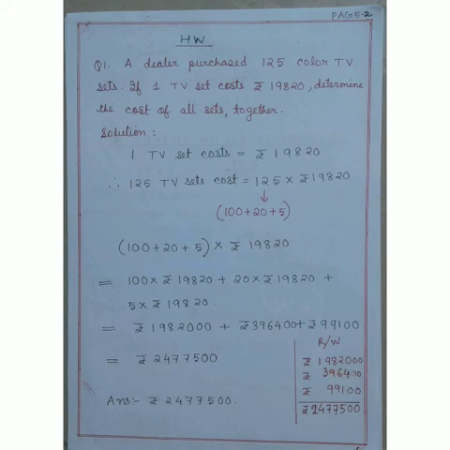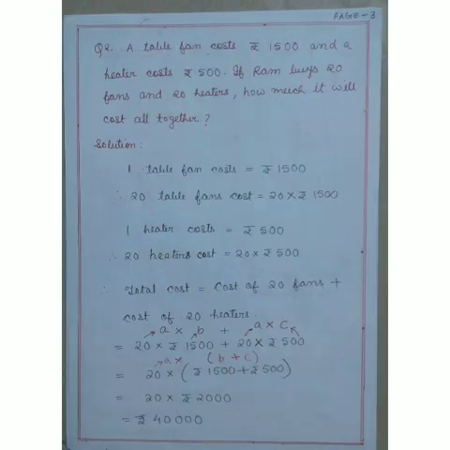If I add all the three numbers, I get rupees 2477500. So this is how you have to do it.